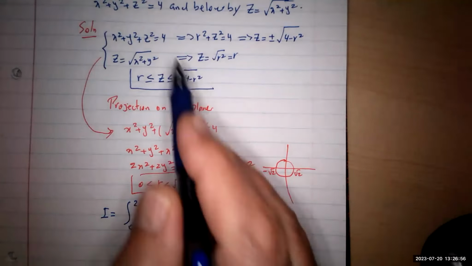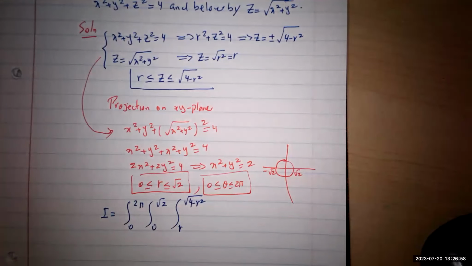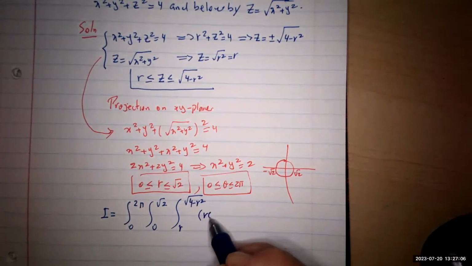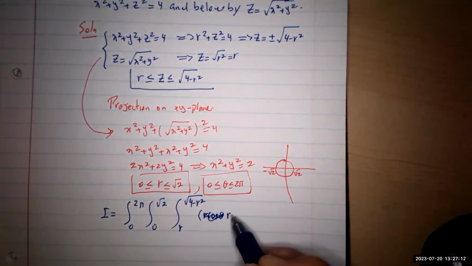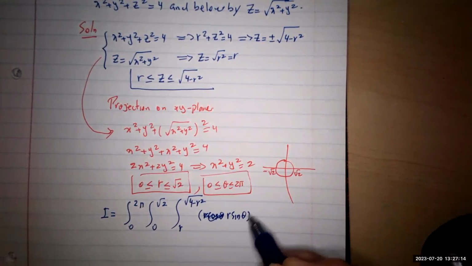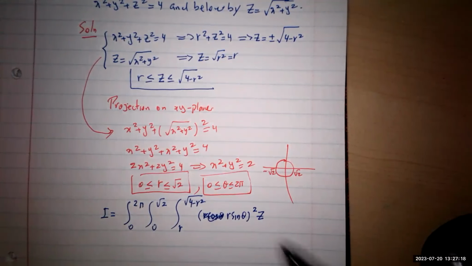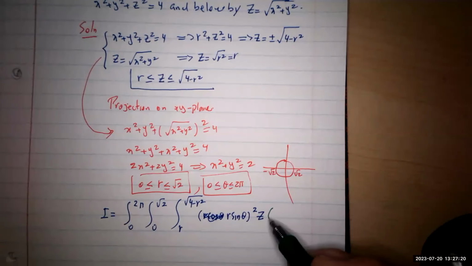And you just substitute for the y squared z. You have to substitute for y squared: y is r sine theta, all squared. You keep the z, and the extra factor is r.